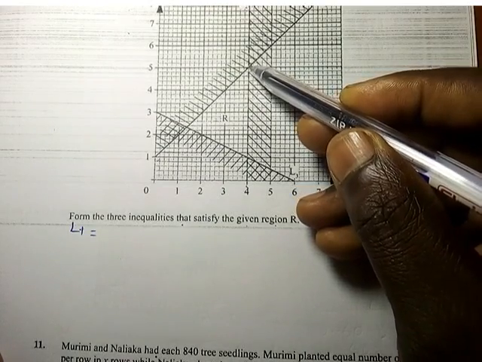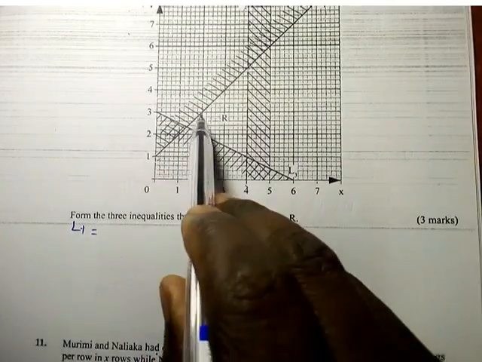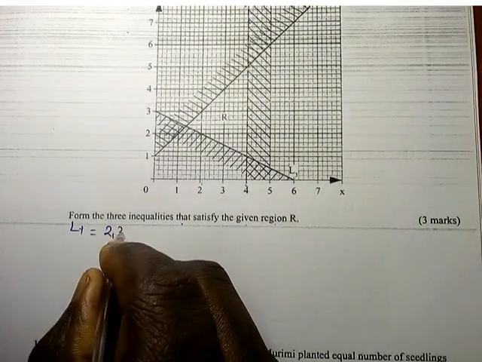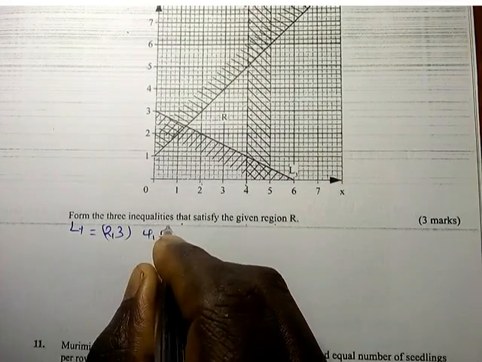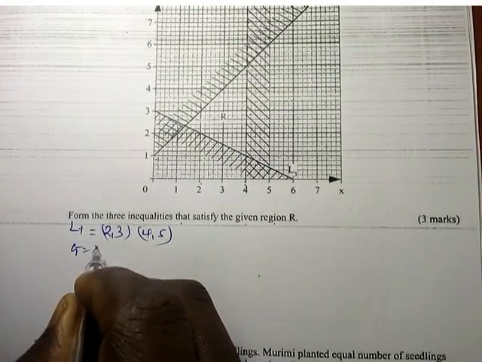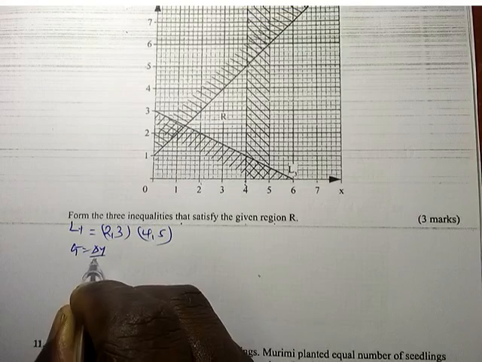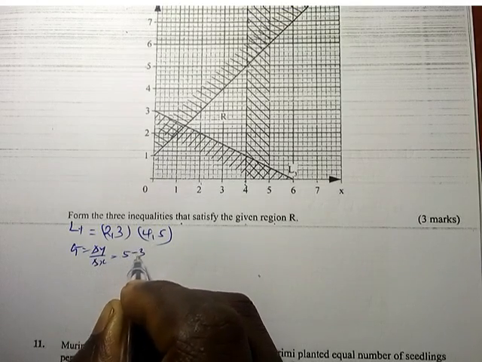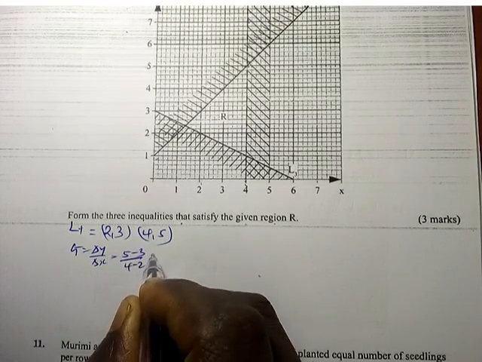I can take the point 4 and 5, and another point at 2 and 3. So we have 2 points, 2, 3 and 4, 5. From these points, I get the gradient. Gradient is equal to change in y over change in x, which is 5 minus 3 over 4 minus 2. And the answer is 2 over 2.